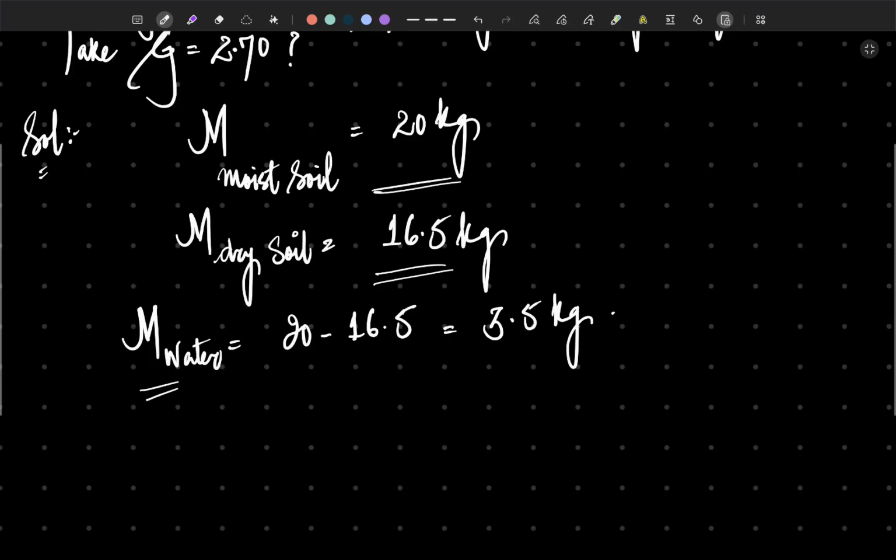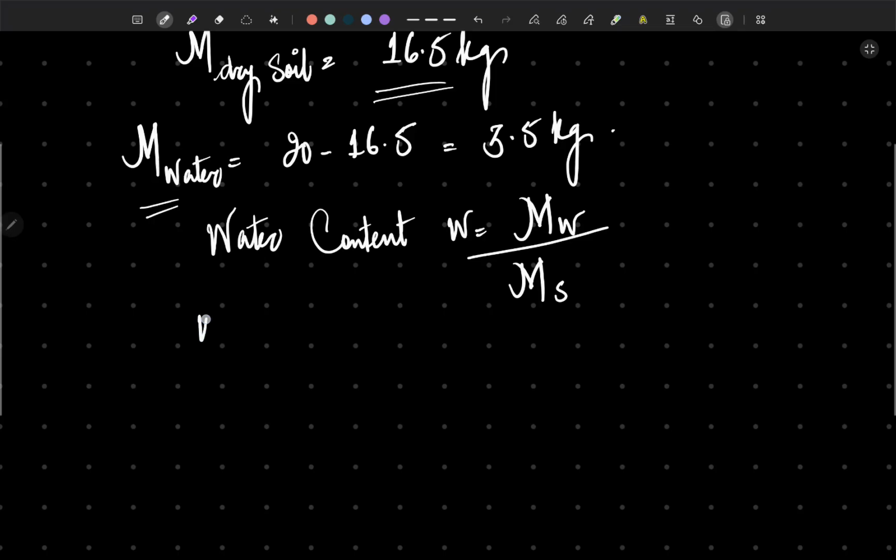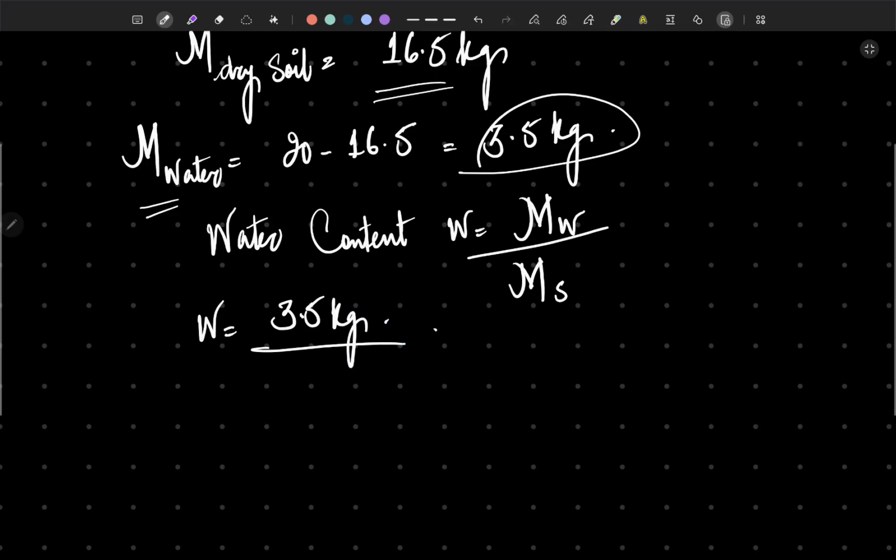Now since we know the mass of water, we can calculate the water content in this soil. Water content, denoted by W, is the ratio between mass of water divided by mass of soil solids. So water content is mass of water, how much? 3.5 kilograms, and mass of soil solids is how much? 16.5, because after oven drying its mass reduced from 20 kgs to 16.5 kgs.